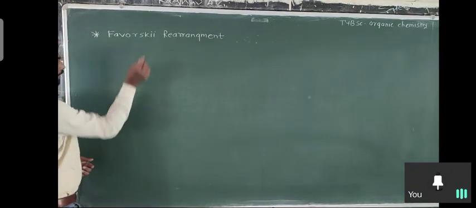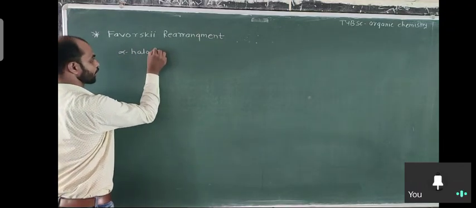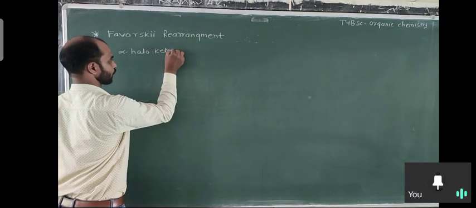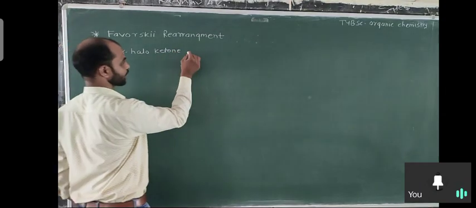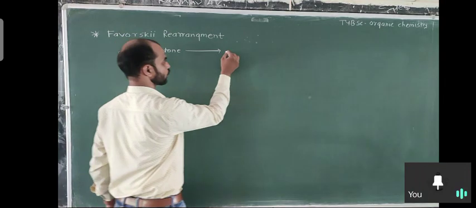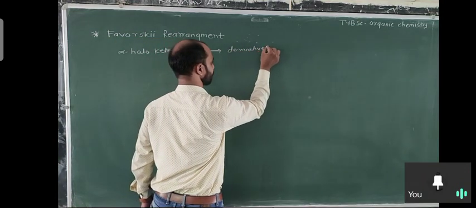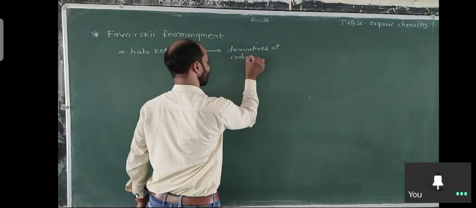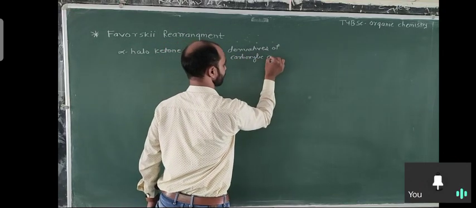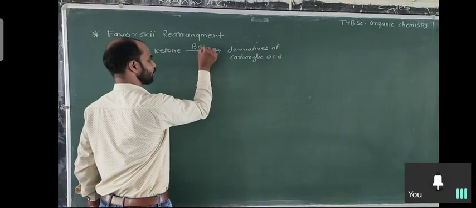In that reaction, an alpha haloketone is used as a starting material. It will rearrange into derivatives of carboxylic acid, in presence of a base.